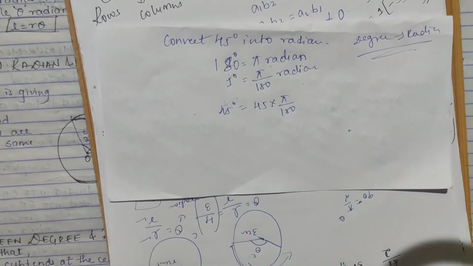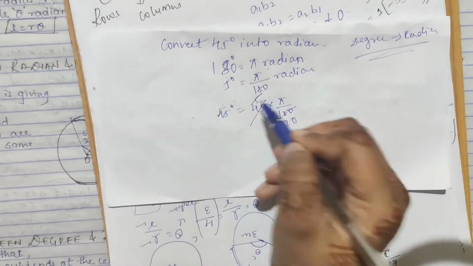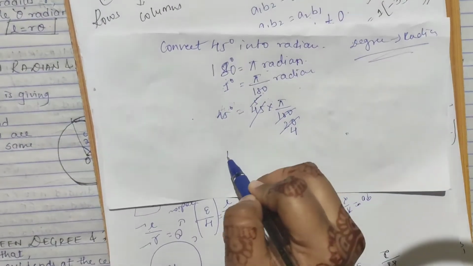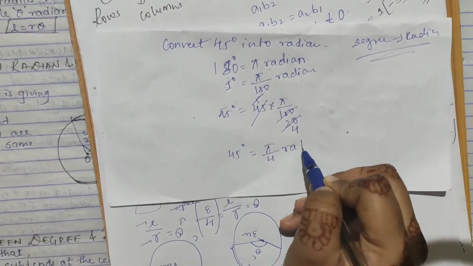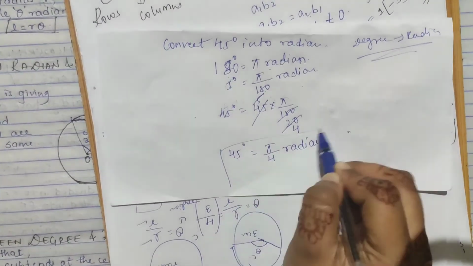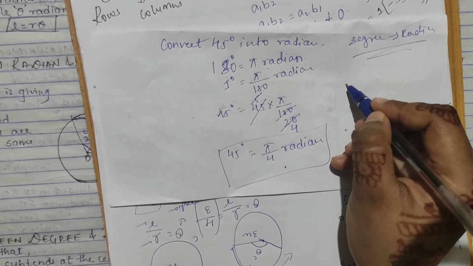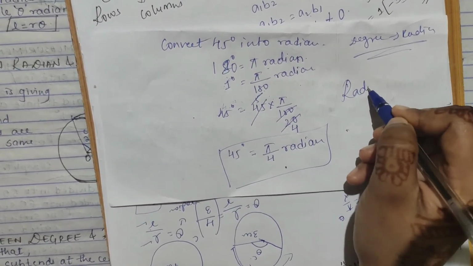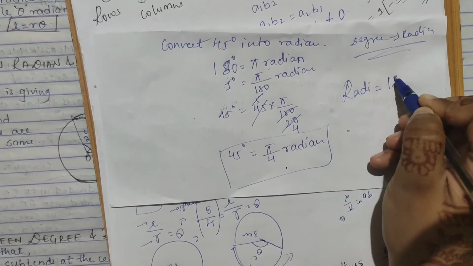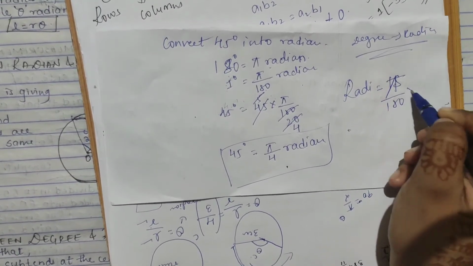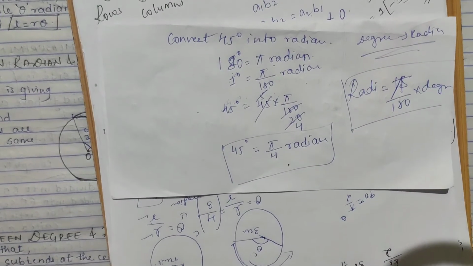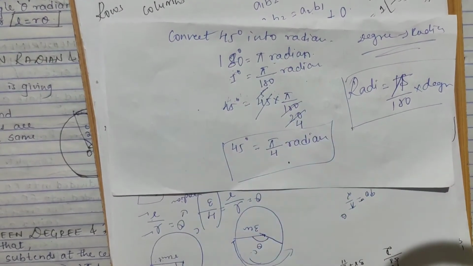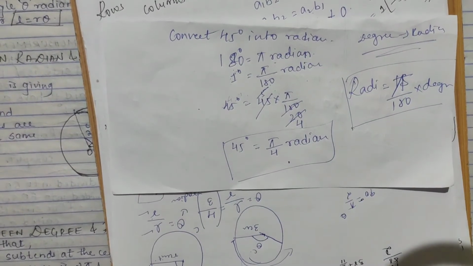So how much do we get? 9 fives are 45, 9 twenties are 180, so you get 45 degree is equal to pi by 4 radian. It is the same formula, right. If you have to convert into radian measure, it is pi by 180 into the degree they have given. You have to apply the same application. So see, we have seen how this application has come.